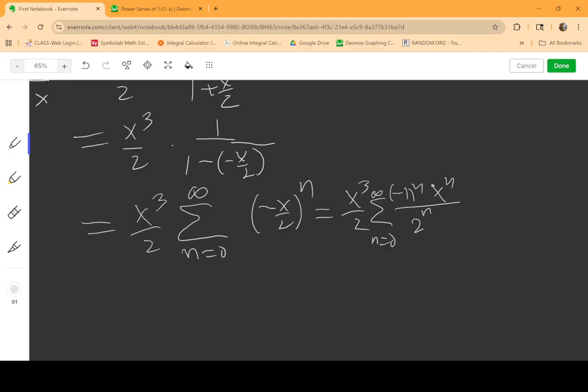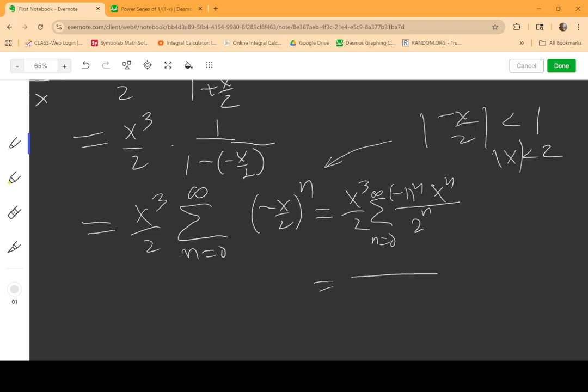Okay, and now looking at this, for our power series, we know that has to be true, so our interval of convergence is going to be from negative 2 to 2. More on that in a second here. Let me just keep simplifying.